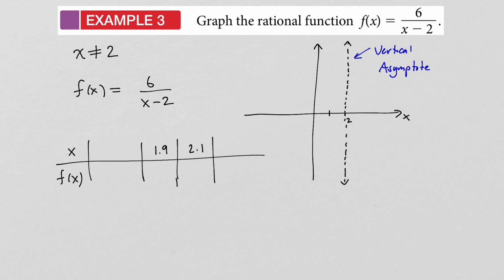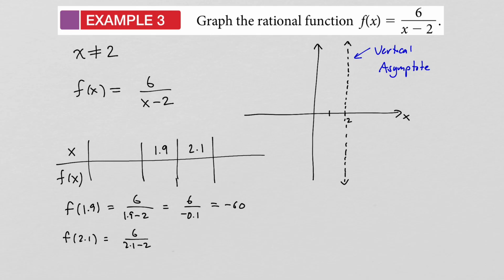If you plug in 1.9, the function value at 1.9 is going to be 6 divided by 1.9 minus 2. And this is 6 divided by negative 0.1. And 6 divided by negative 0.1 is actually negative 60. F of 2.1 is going to be 6 divided by 2.1 minus 2.